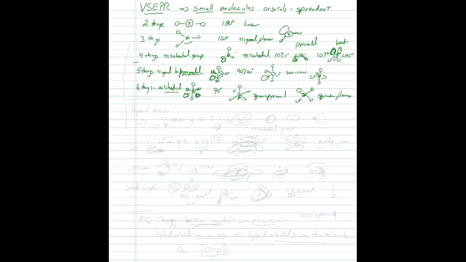These shapes can be explained by just electrons trying to get away from each other as much as they can. There's a theory behind this, which is hybridization, or hybrid orbitals. And this works best again with carbon and atoms close to it.